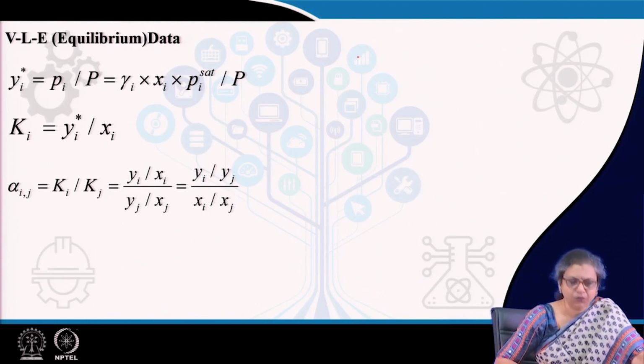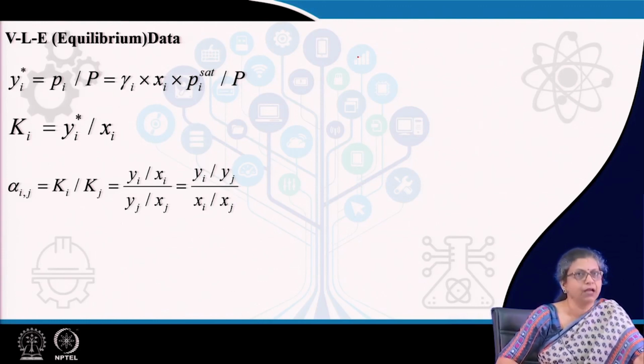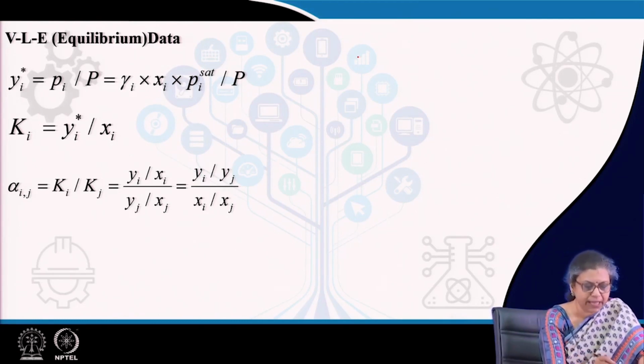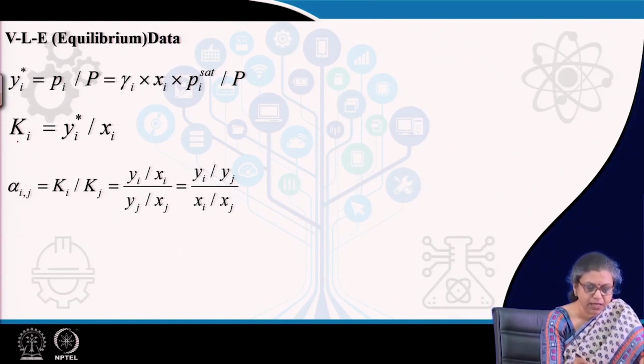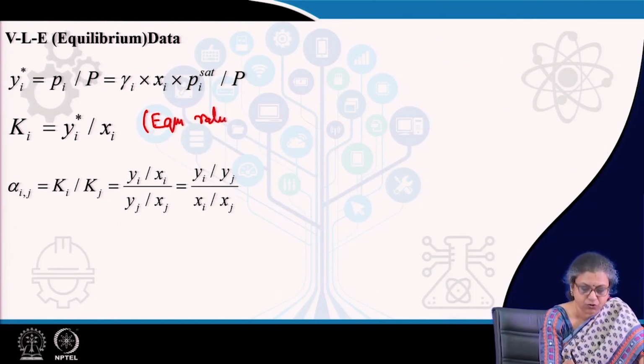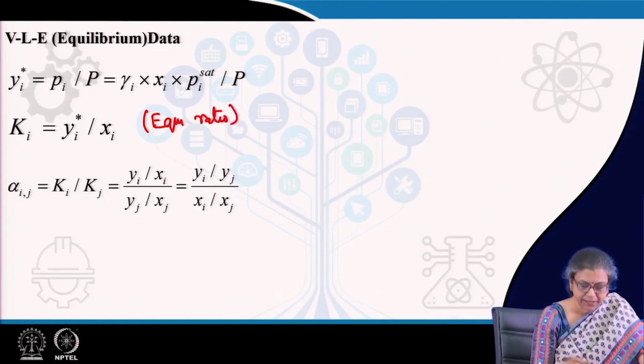So, this was the vapor liquid equilibrium, and I would also like to mention that it is not only that we find out yi from xi. Very frequently we express the vapor liquid equilibrium data in terms of some equilibrium ratio which gives the ratio of yi by xi.